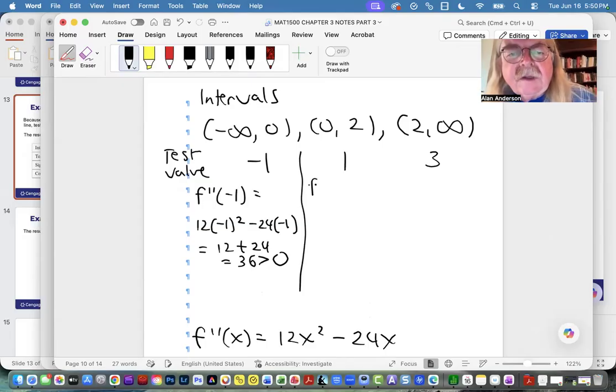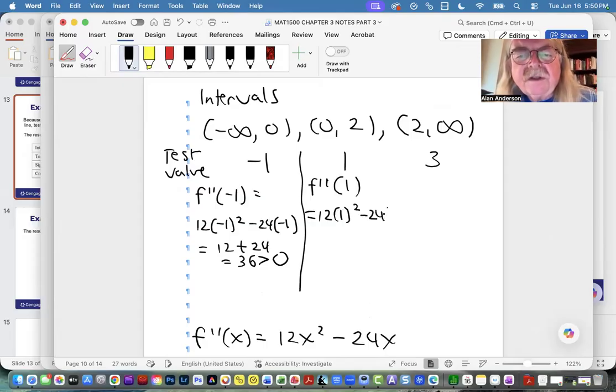And then f double prime of 1 would be 12 times 1 squared minus 24 times 1.